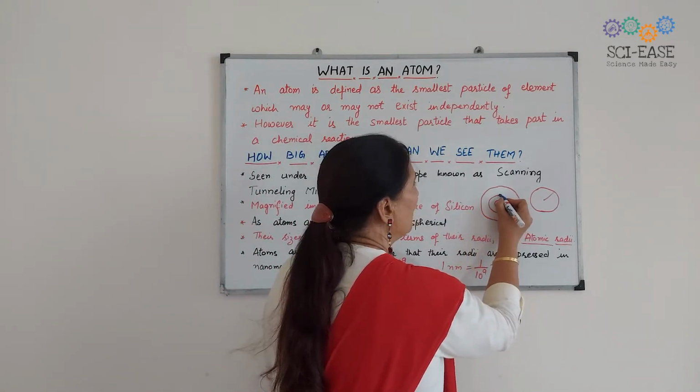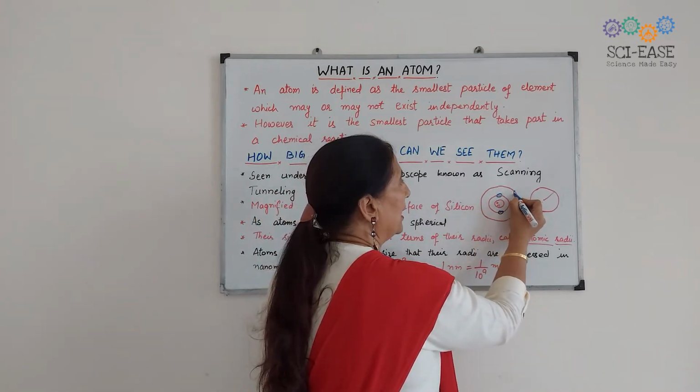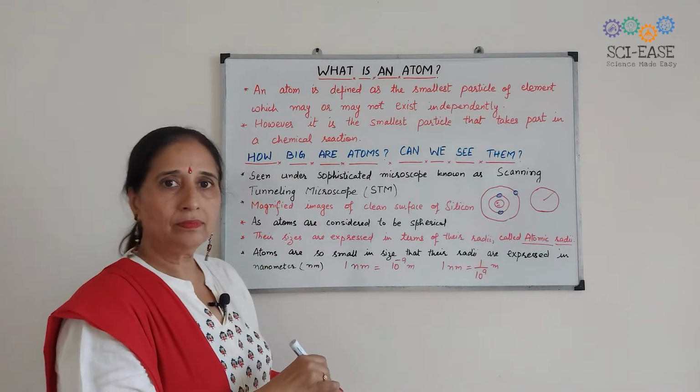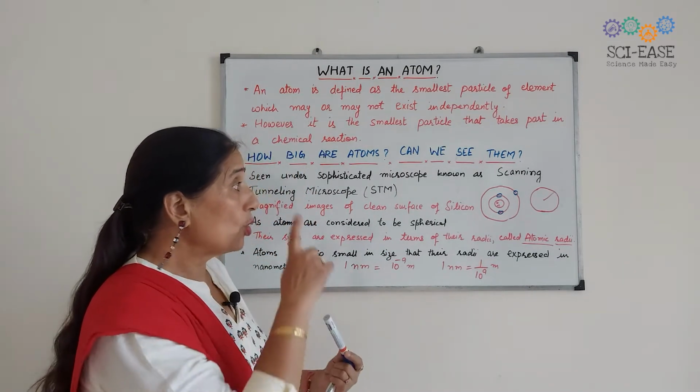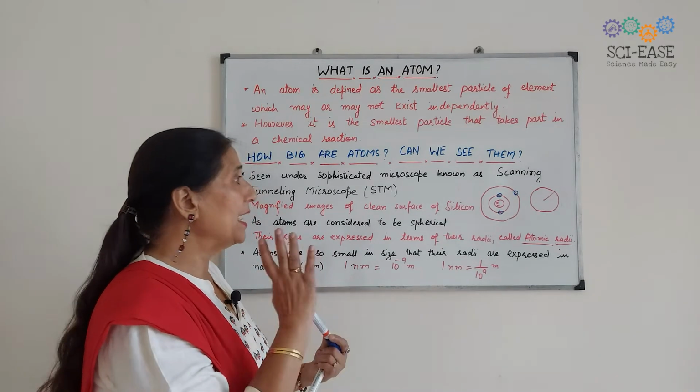So in first shell, the maximum number of the electrons it can accommodate, they are 2. In the next shell, suppose it has 1 electron.